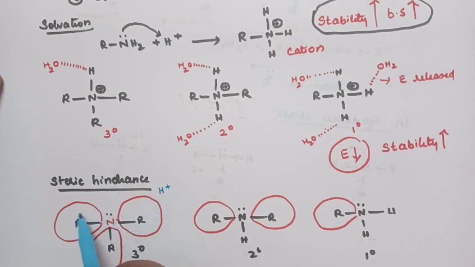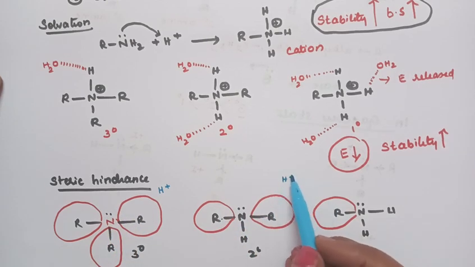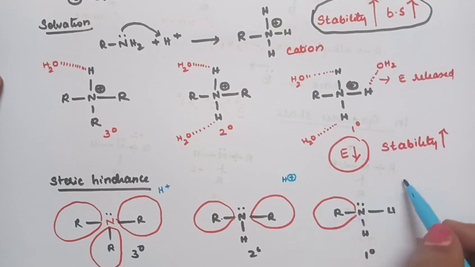But here, because of the bulky groups, the proton cannot reach this electron pair. It is difficult for it to reach. Whereas here there are only two bulky groups, so the proton can approach this lone pair easily compared to this. Whereas here there is only one bulky group, so the proton can approach this lone pair easily.